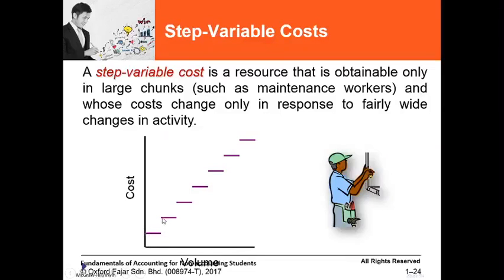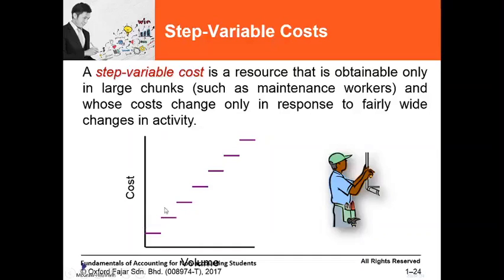The cost will only increase if you are producing more than 1,000, which is 1,001 until 2,000 products. You need to add 1 more maintenance worker. If you are producing 1,500, you will add another 1,500 for the additional worker, so your cost will be 4,500 here. If you are producing 1,800, your cost also remains at 4,500.